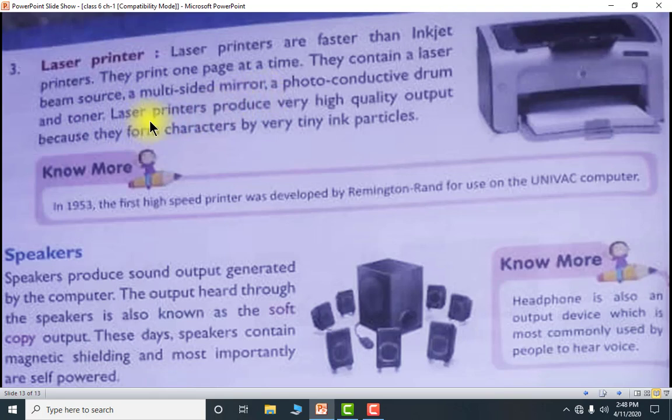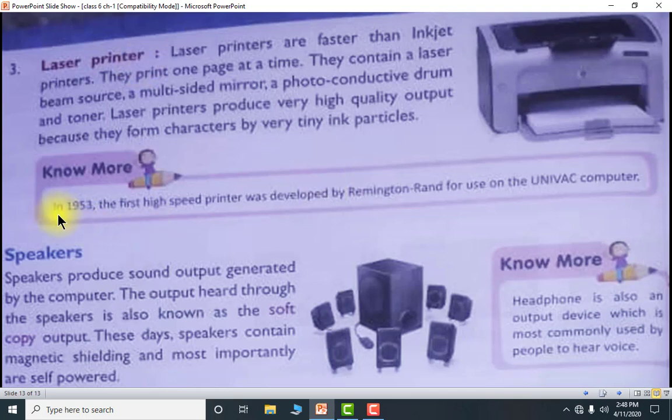Whenever the paper goes inside the printer, the image is put on that paper, and the printing is done by very tiny ink particles called toner. Okay, so this is the most used printer in the world.